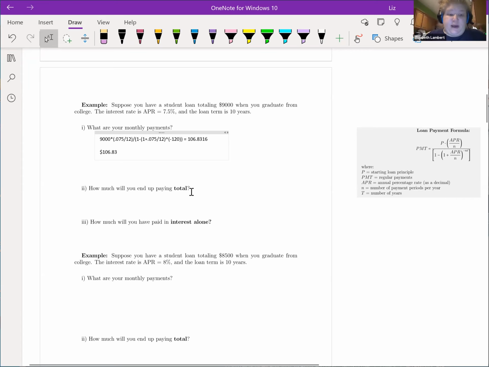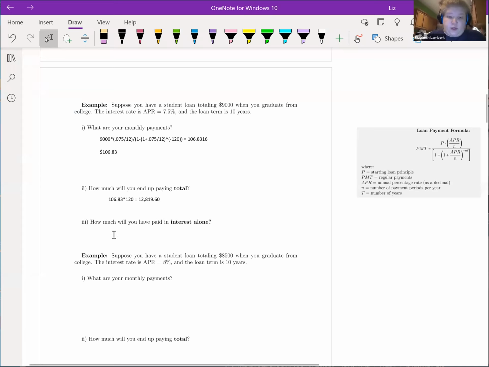Now, how much will you end up paying total? We're going to take that amount of money, the rounded one, not the unrounded one, and take that times the 120. So I'm actually going to pay $12,819.60.